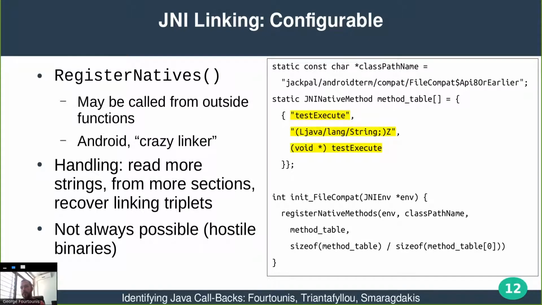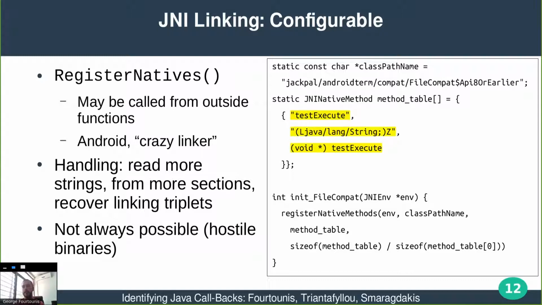However, there's also the case of configurable JNI linking. Here, the JNI API gives the developer the capability to link arbitrary function pointers to native Java methods. Look here on the right side, where we see an excerpt from an existing Android application, the Android Terminal Emulator, and we see here a triplet, three lines highlighted in yellow.